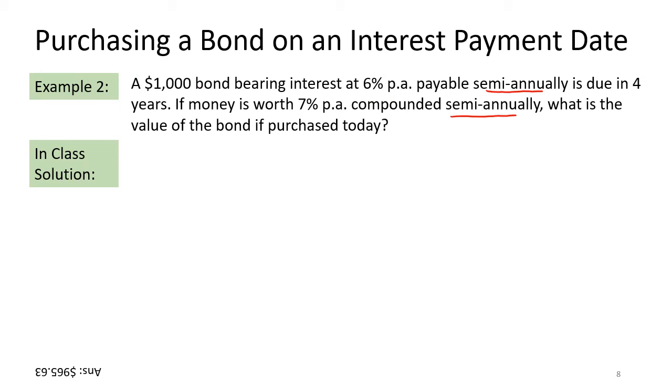So we start with the formula that I showed you, okay? Purchase price is equal to, the first is the face value divided by 1 plus the periodic interest rate to the exponent n. That's using the face value of $1,000, plus you're finding the present value of all of your interest payments.